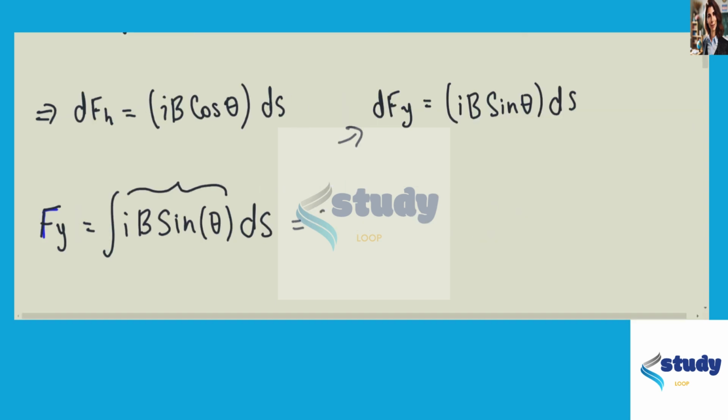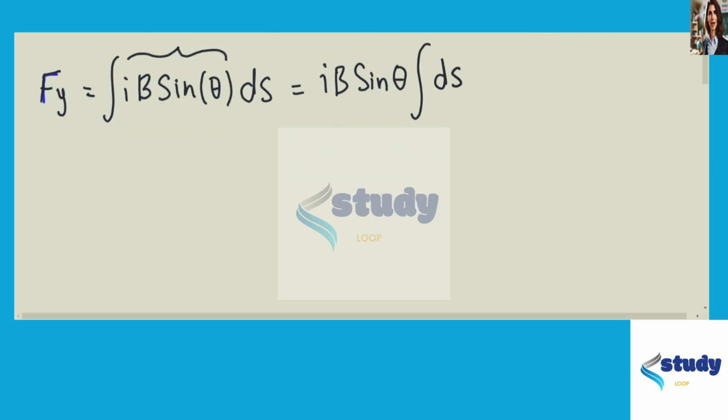Remember that theta is also information given for this problem. It is 20 degrees. So we will have the integral over all of these tiny segments on the ring. If you sum all of these tiny segments, you will obtain the circumference of this wire ring. We know that the circumference of a circular loop is 2 pi r, where r is the radius of the loop.